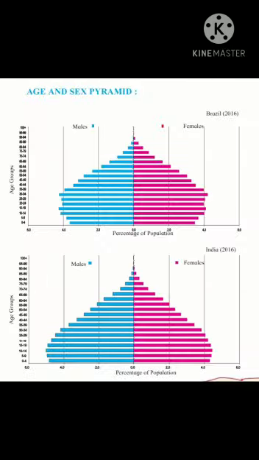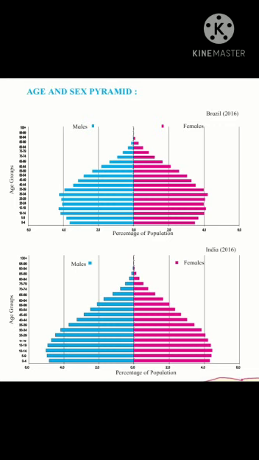Now look at this next slide. This is age and sex pyramid. It is again given in comparison to the countries of Brazil and India. Now we will try to understand what this pyramid is for and what is the use of that. So this graph shows the age and sex of population.